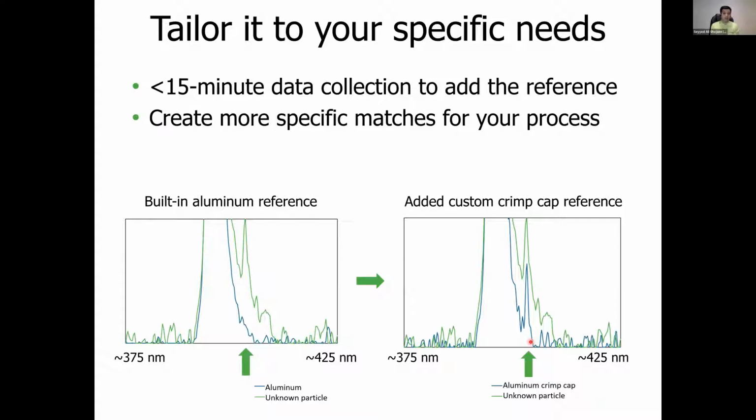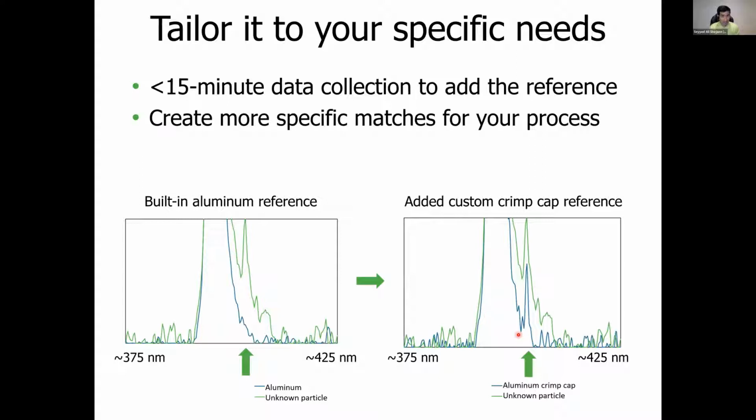We can add this specific alloy of aluminum to our database in a matter of minutes, so that the next time that we are analyzing an unknown particle, like the one on the left, instead of using pure aluminum as a reference, we're using this LIBS response from the specific alloy as the reference.